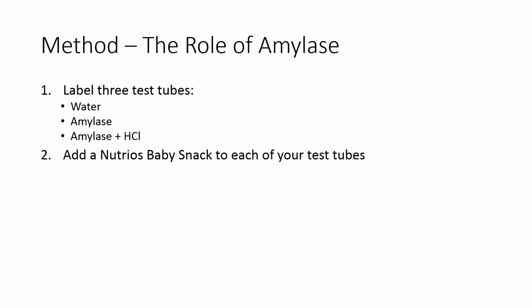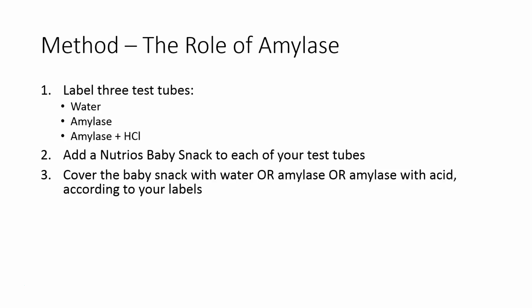Then add a Nutrios baby snack, you'll find that in your lab, to each of your 3 test tubes, 1 baby snack per test tube. Then cover the baby snack with water, or cover it with amylase, or cover it with amylase mixed with acid, according to the labels that you've recorded on your test tubes.